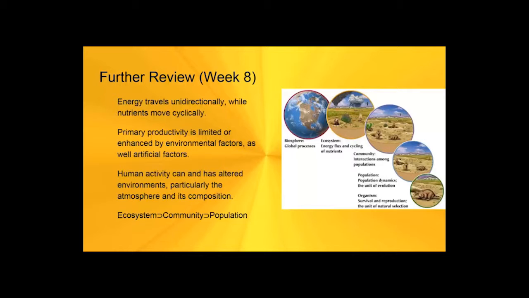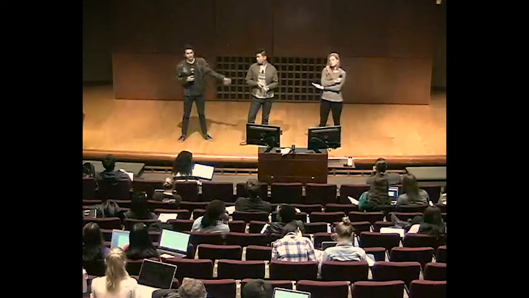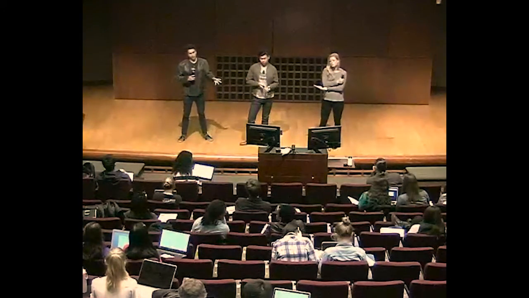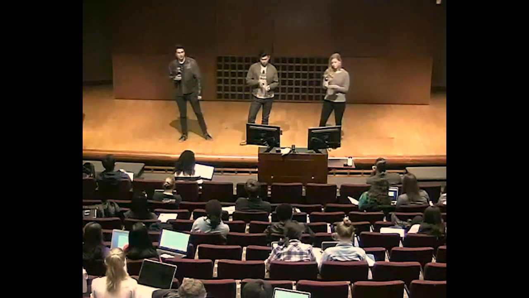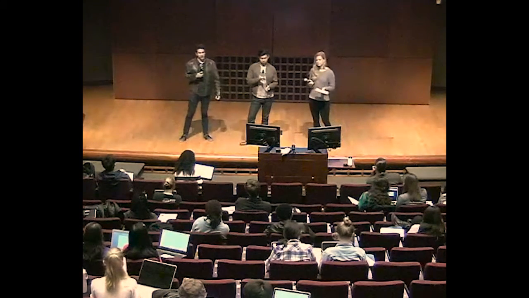Productivity is usually limited by environmental factors, sometimes artificial factors, and this is where the limiting nutrient part plays into it. Human activity can and has altered environments, particularly the atmosphere, and just remember ecosystems, communities, and populations of particular species of animals and plants.